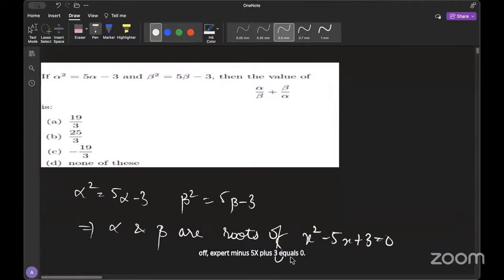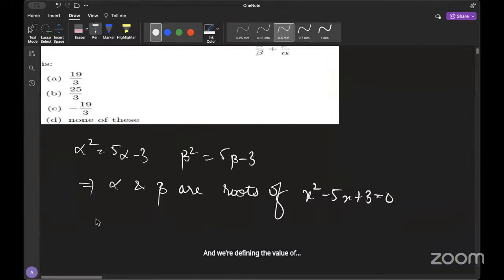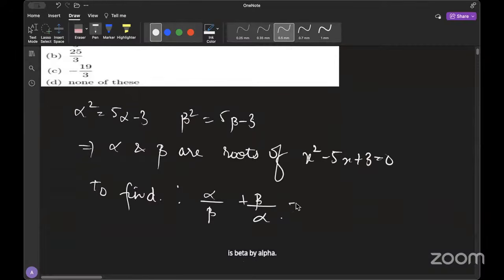Okay? I have to find the value of alpha by beta plus beta by alpha, which is the same as alpha square plus beta square by alpha beta.